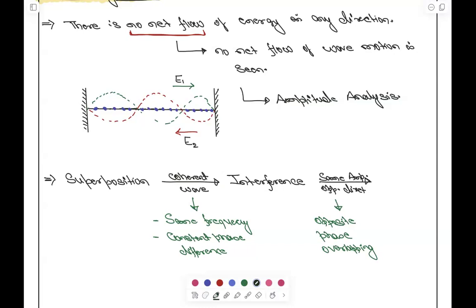Standing wave. This should be the conceptual clarity for you. They are not different things. A standing wave is made if they can interfere. If they cannot interfere, a standing wave cannot be made, right?